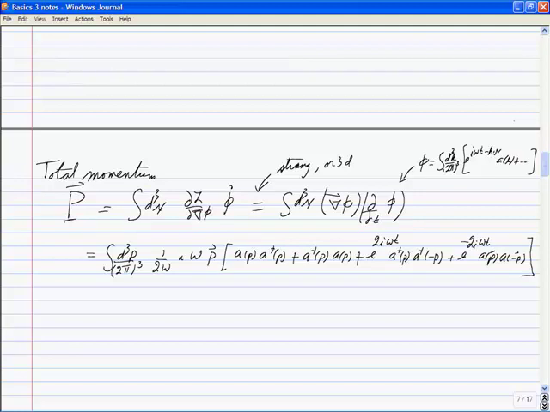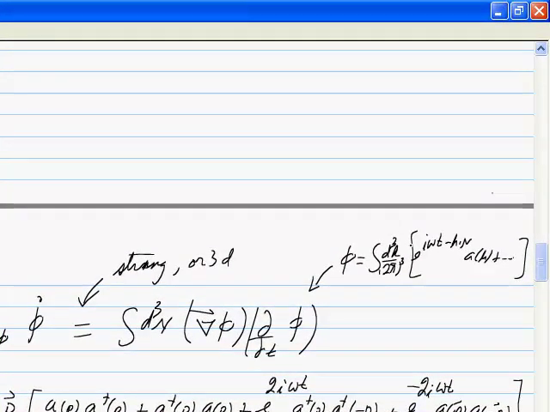Okay. Does anyone want to discuss why you get these terms here? These ones are the a from one of them and a dagger from the other. The ones that have a's and a's come with the same signs and omegas.